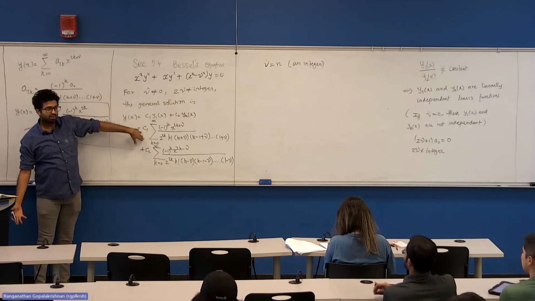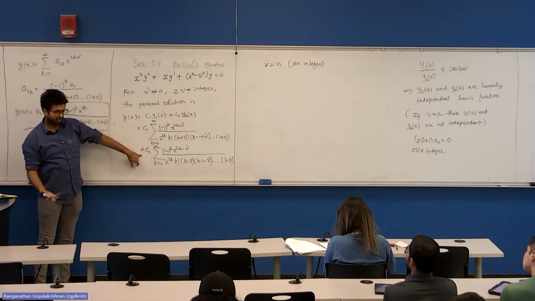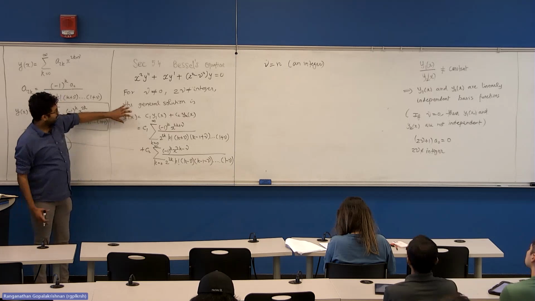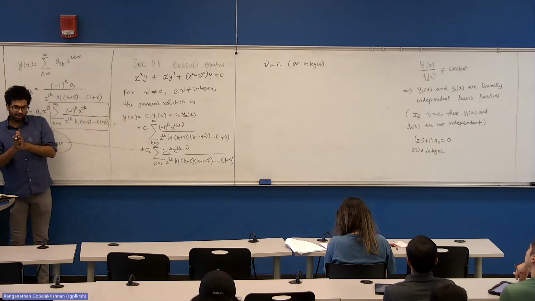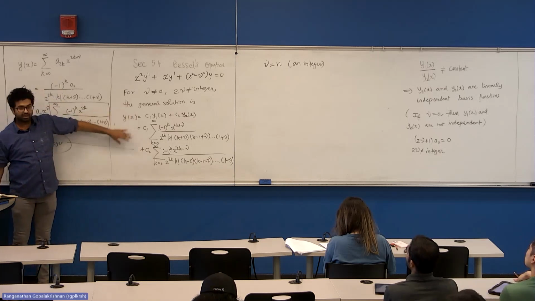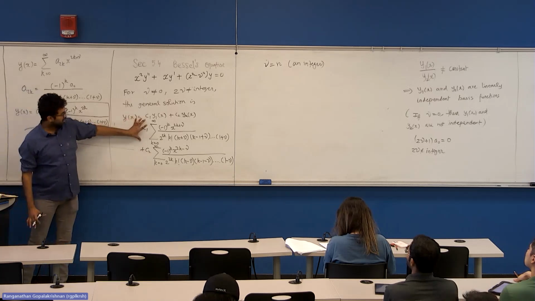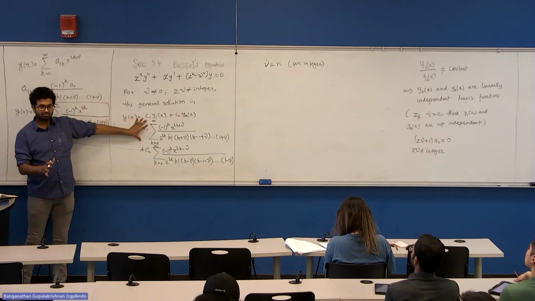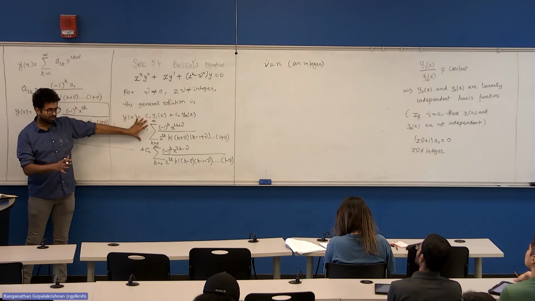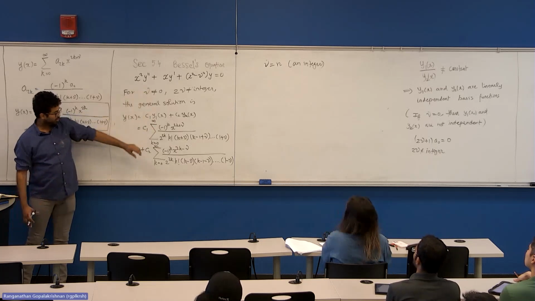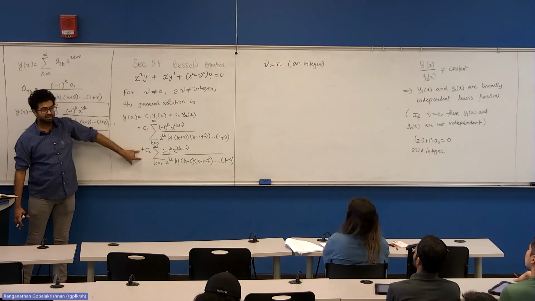Why? Because the other becomes linearly dependent. So we are going to take a short detour from constructing the general solution. You can always take that the first function is always a basis. It can be used as a basis function, but for the special cases we are going to discuss, the second function has to be something different.